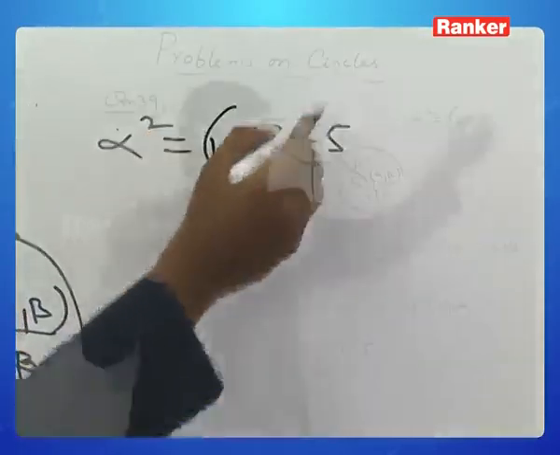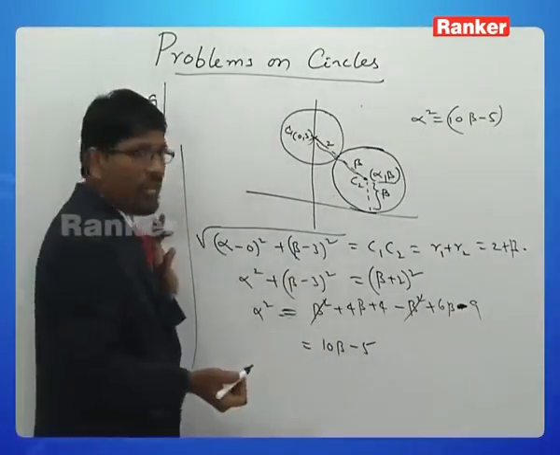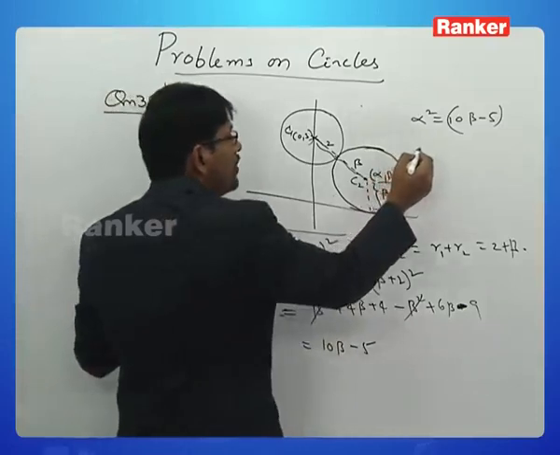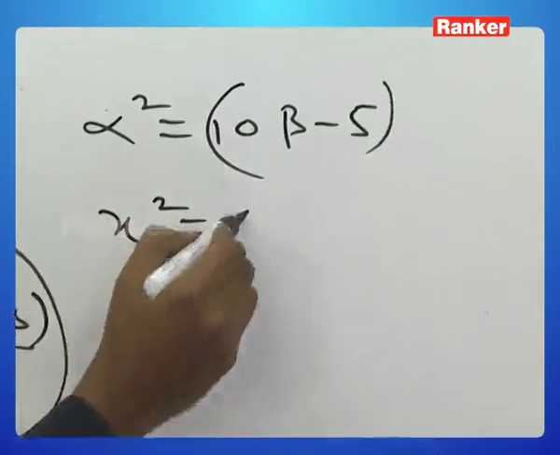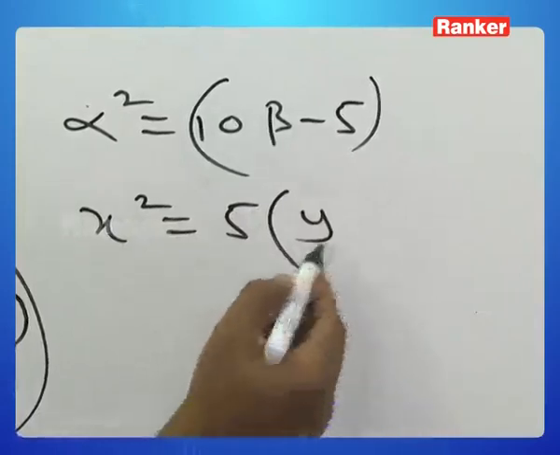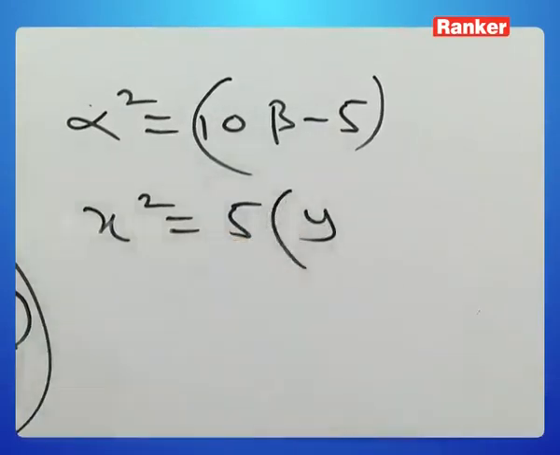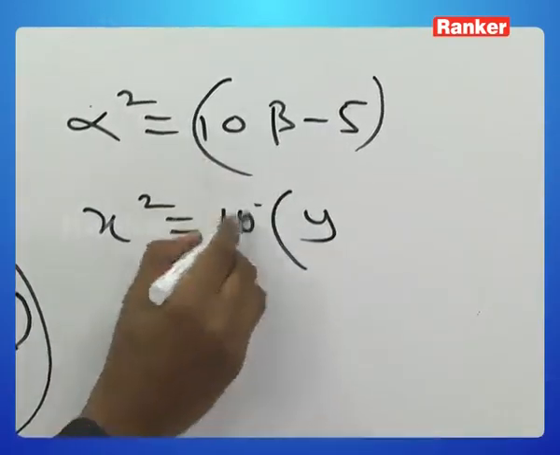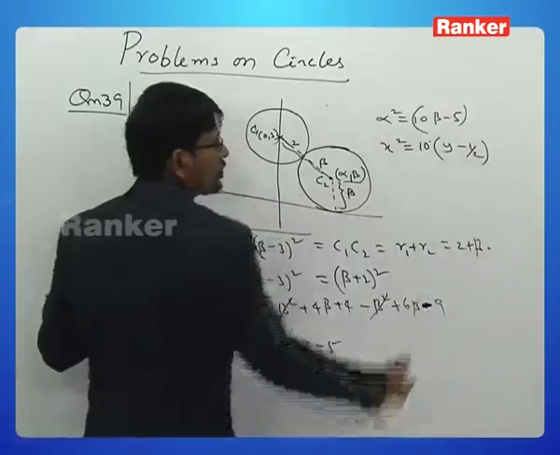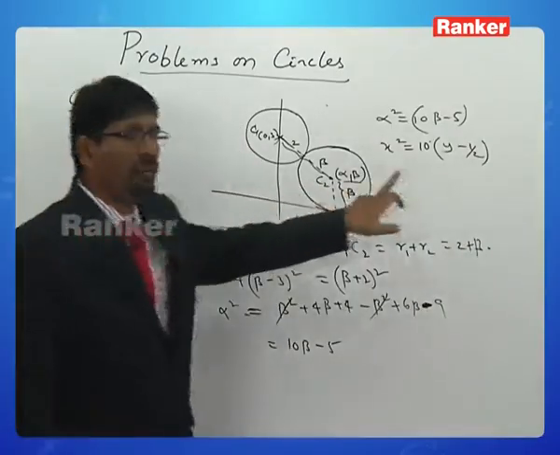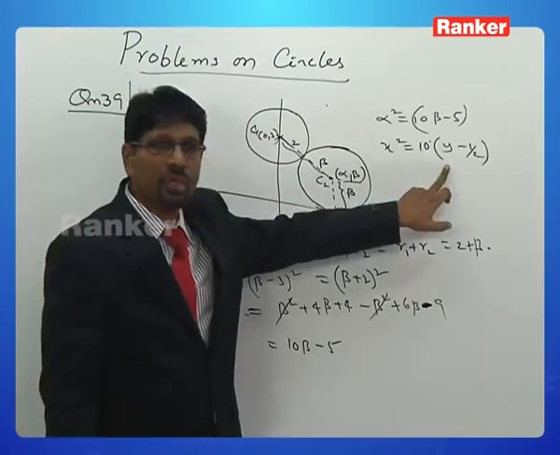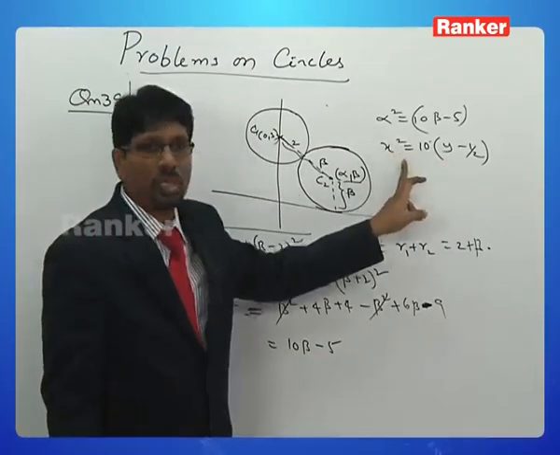So what's the locus of this? What is the locus of alpha comma beta? It's in the form of x square is equal to 10 into y minus half. It's clearly a parabola with vertex as 0 comma half.